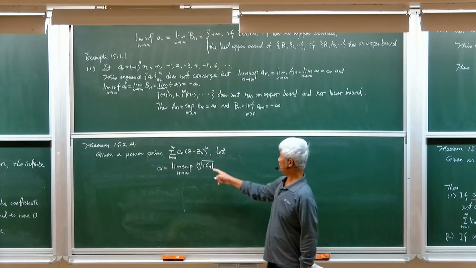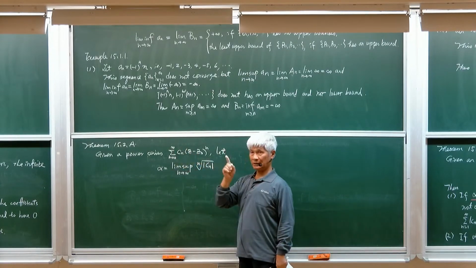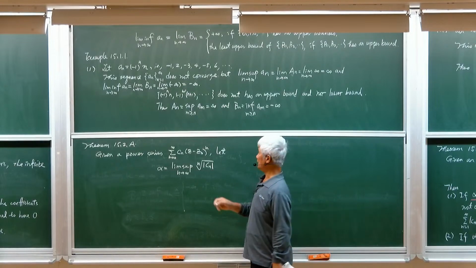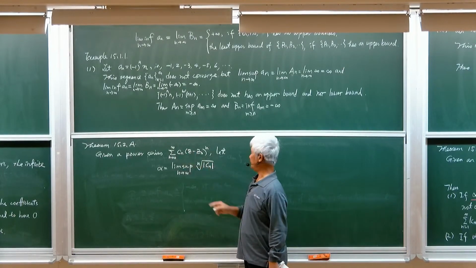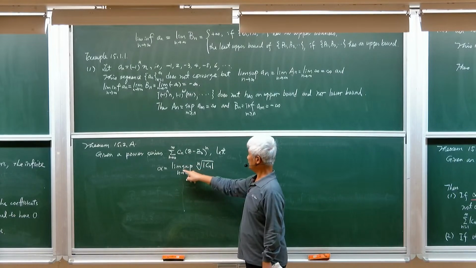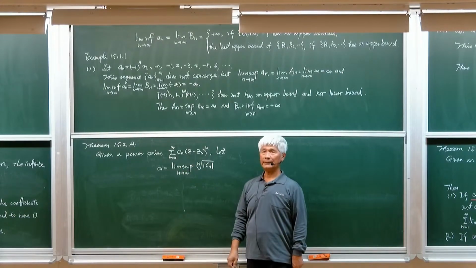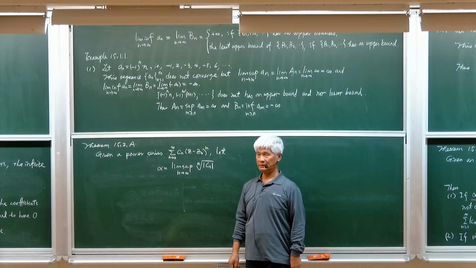So we look at the coefficients, take the nth root of its absolute value and try to find the upper limit. So alpha is here.